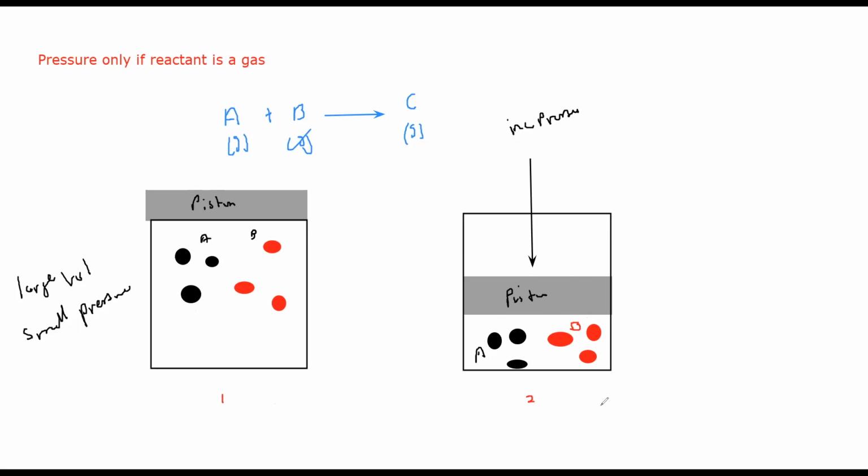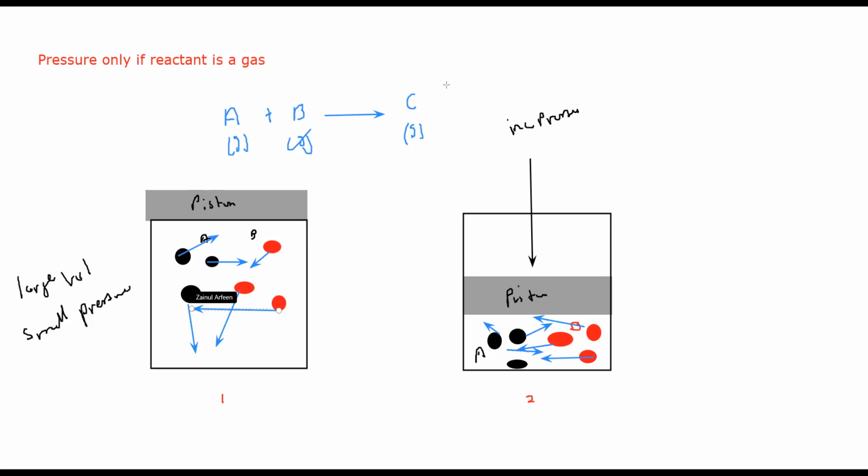So in the second container, because there is small space, and the particles in a gas are moving randomly, continuously they move and hit each other. As they hit each other, they are more likely to collide, and this will result in the formation of a product in a short time. In container A, they will also collide, but the number of collisions is relatively less.